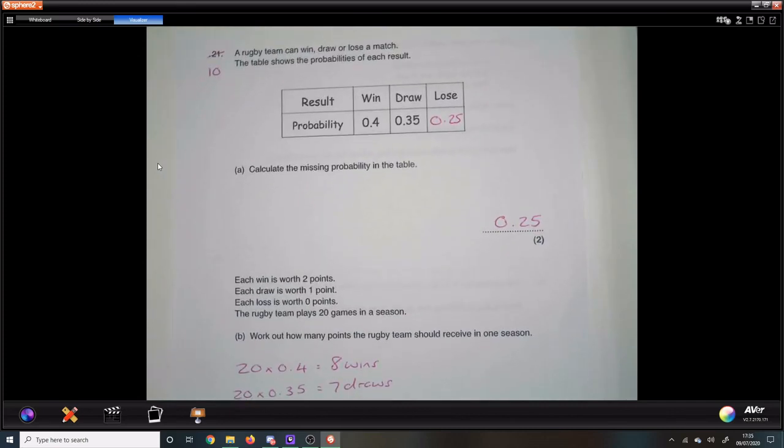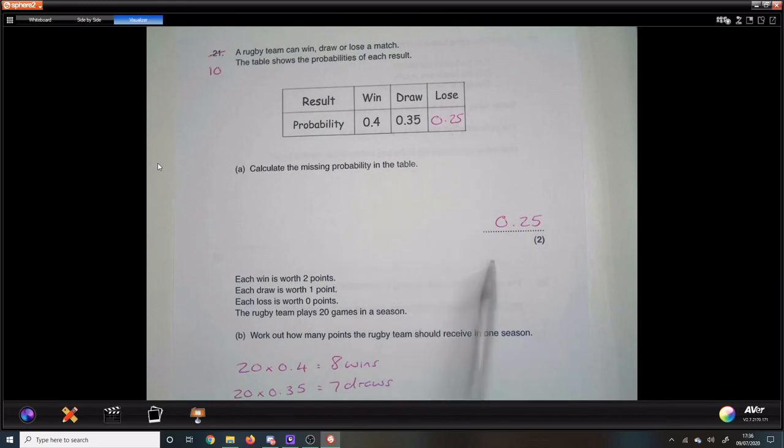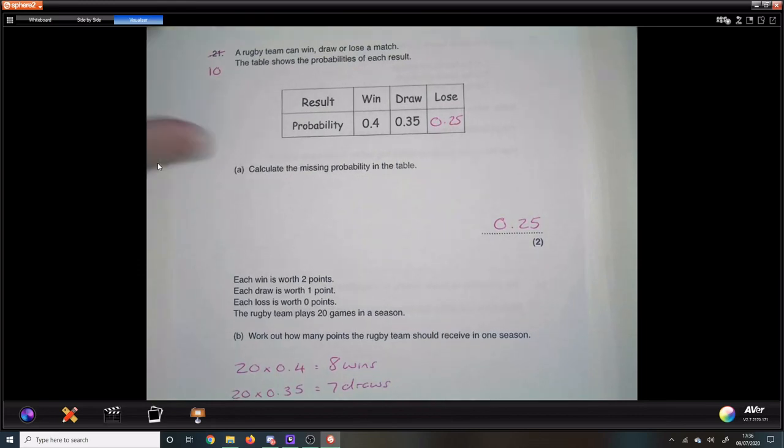And lastly, question 10. The first thing is, again, all probabilities have to add up to 1. So if you add up 0.4 and 0.35 and take it away from 1, you get 0.25. So that's the missing value. And then with how many points they get, if they play 20 games and they win with a probability of 0.4, then they would win 8 games.